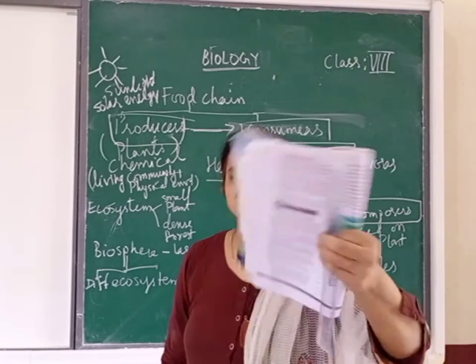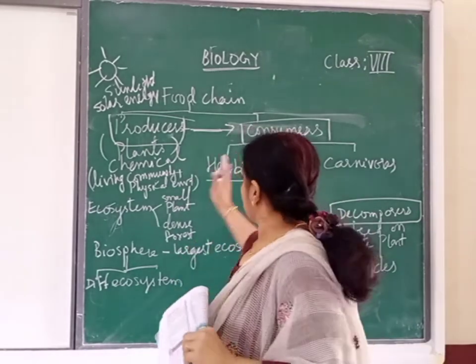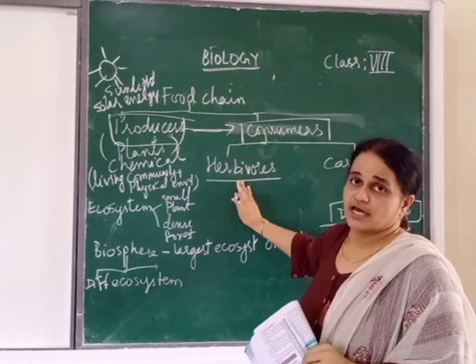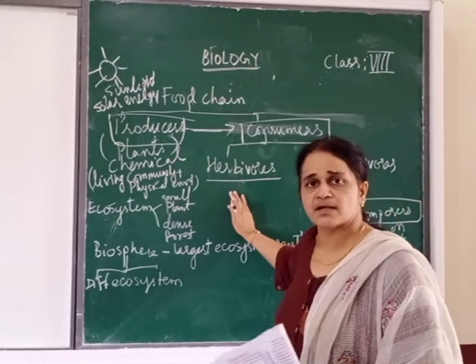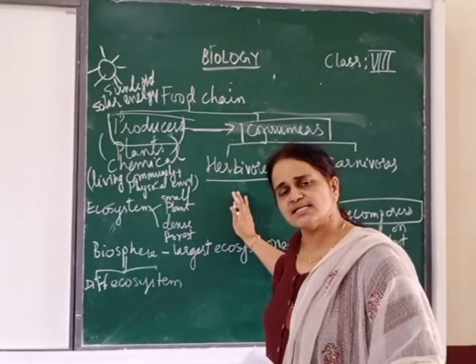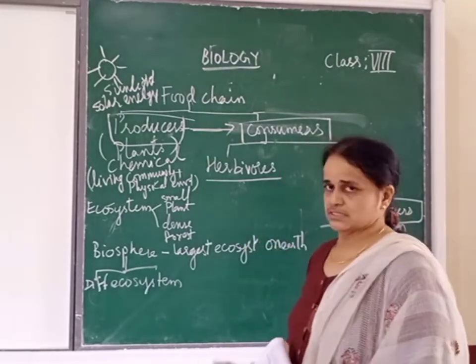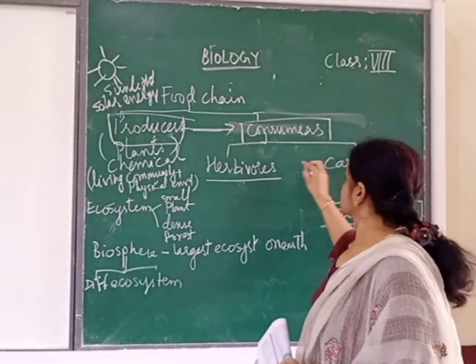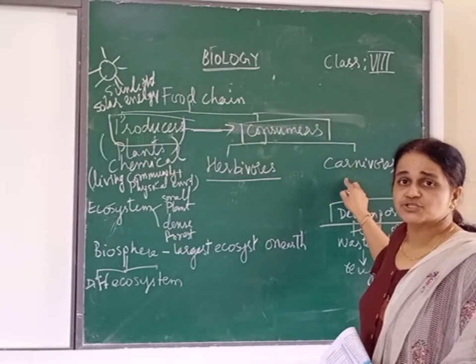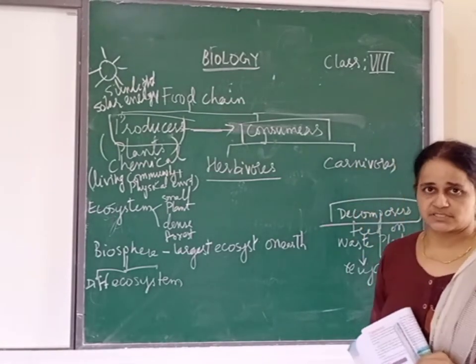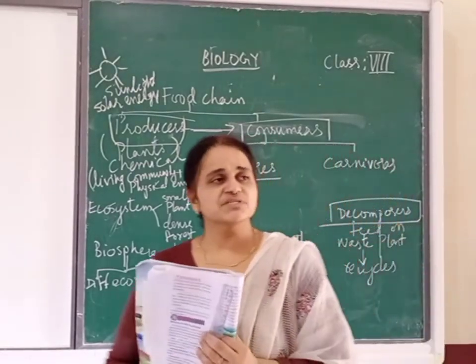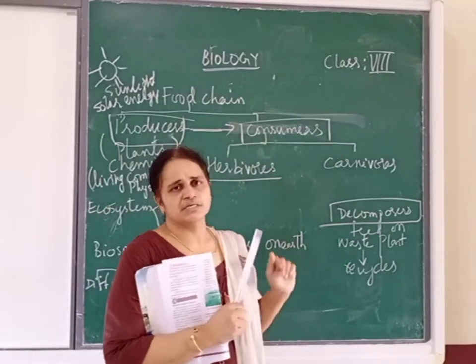So here primary consumers, example herbivores. In herbivores you remember cow, all those grass eating, plant eating animals are called herbivores. Next consumer level, secondary consumer, is carnivores. Carnivores means they eat flesh.